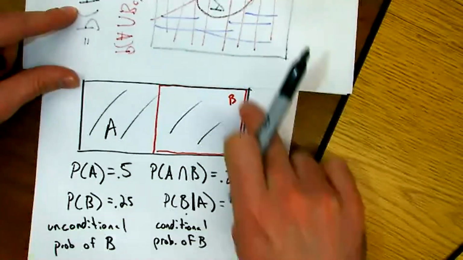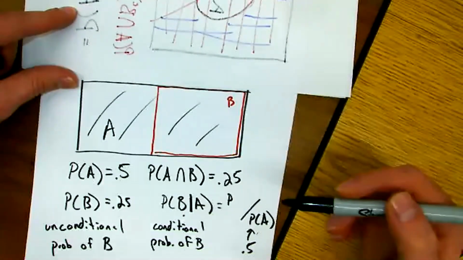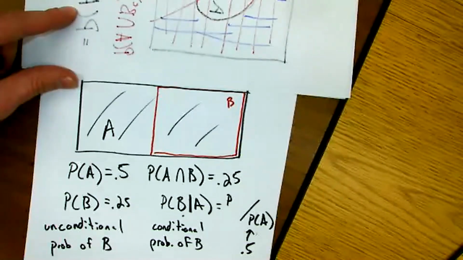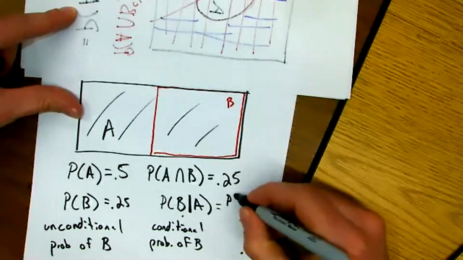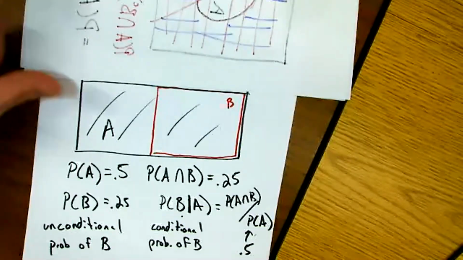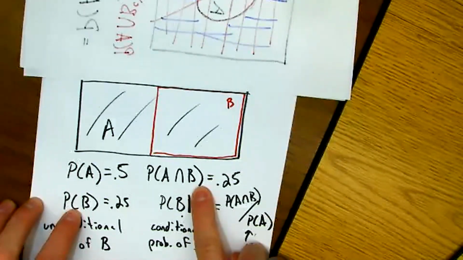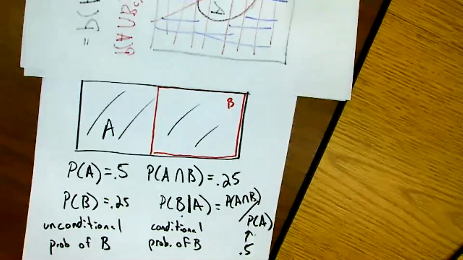Well, out of this entire space of 0.5, 0.25 of it would be in event B, which is really wherever A and B intersect. Now, I drew this one as an extreme example so that all of B was within event A. So here it was kind of odd because the probability of B and the probability of the intersection were the same thing, right?